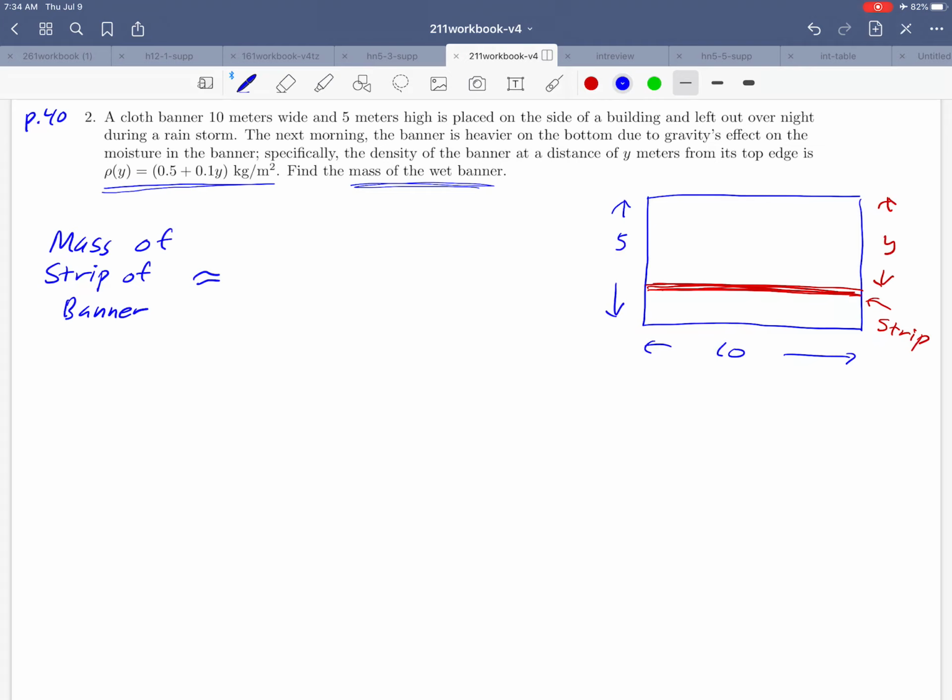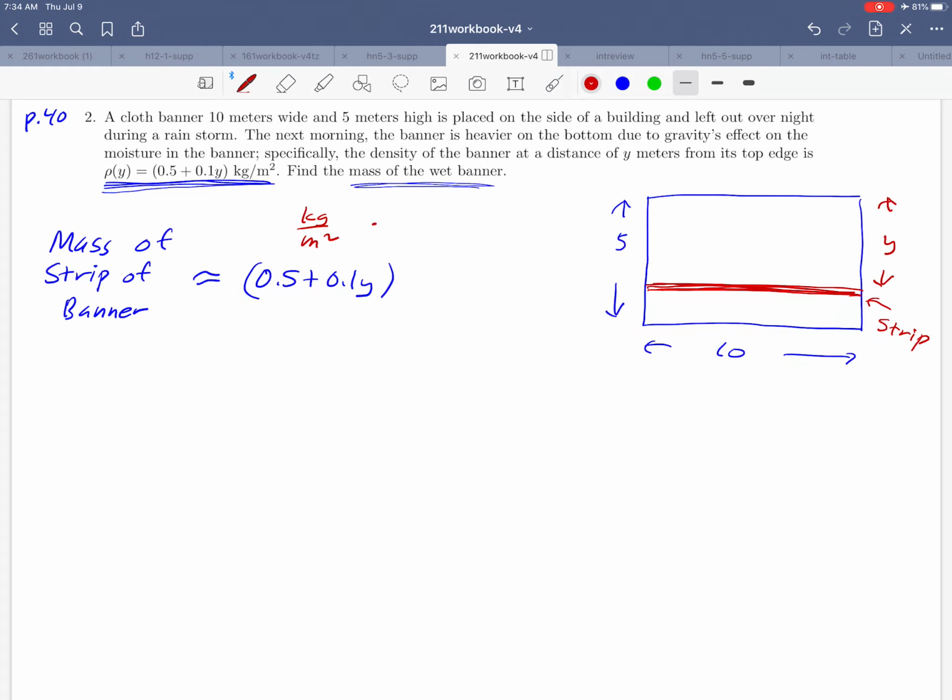Well, we could start by asking, what is the density along that strip? That's going to be given by the density function that they gave us. And units of that are kilograms per meter squared. Remember, we want to get a mass out of this, so what units would we need to multiply kilograms per meter squared by to get a mass?